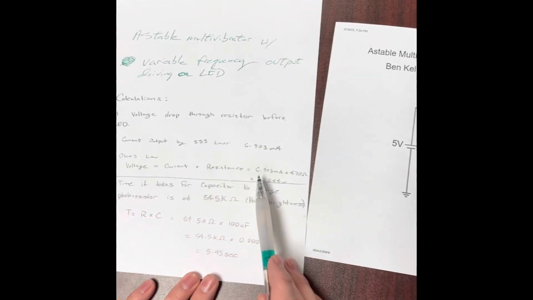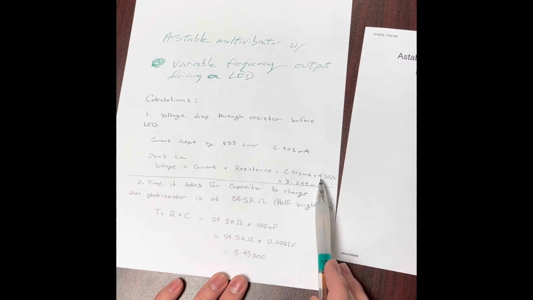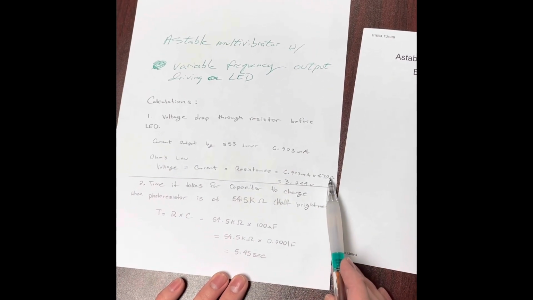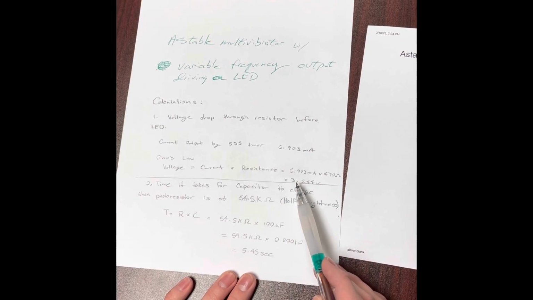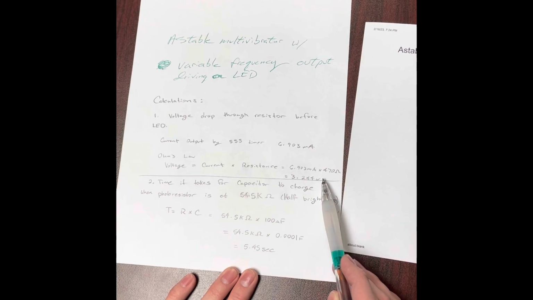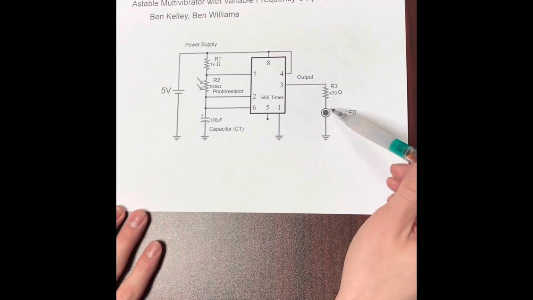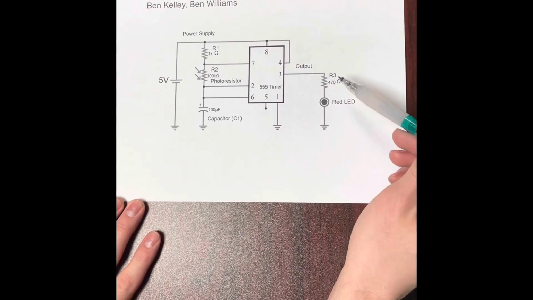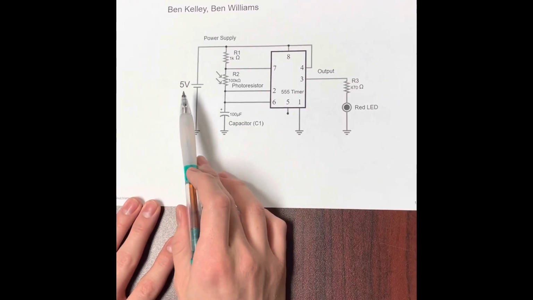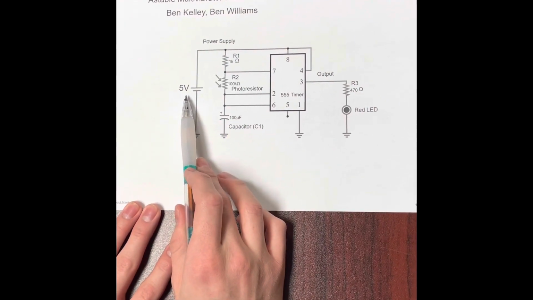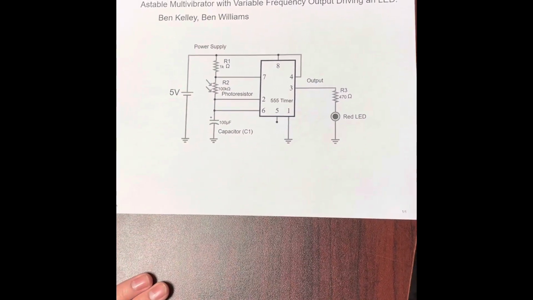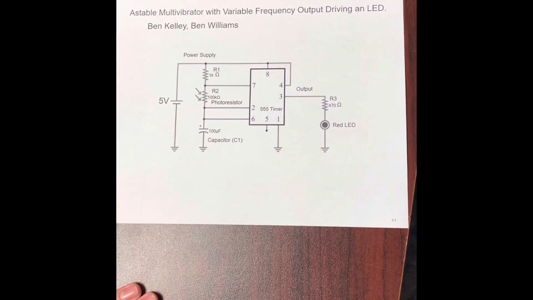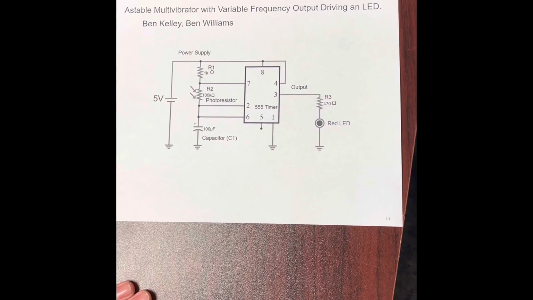So if I take that 6.903 milliamps times 470 ohms, it's approximately a voltage drop of 3.244 volts going through that resistor. And that makes sense because if we subtract 3.24 volts from 5, we get approximately 1.7, and that's the amount of voltage it takes to power a red LED.